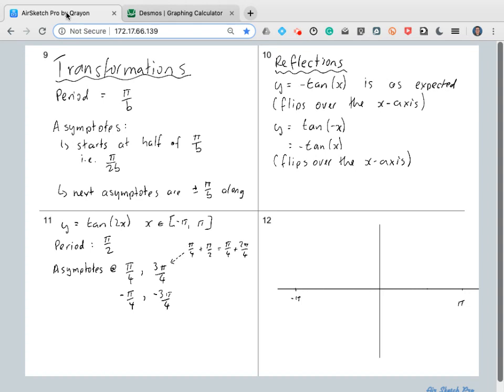So we've got pi on 2 here and pi on 2 here. And then I split them again for the asymptotes. Split them here. Might label them.